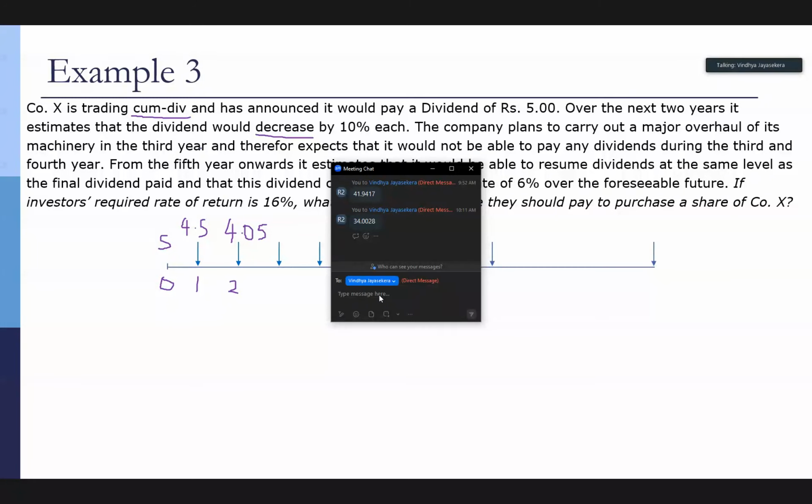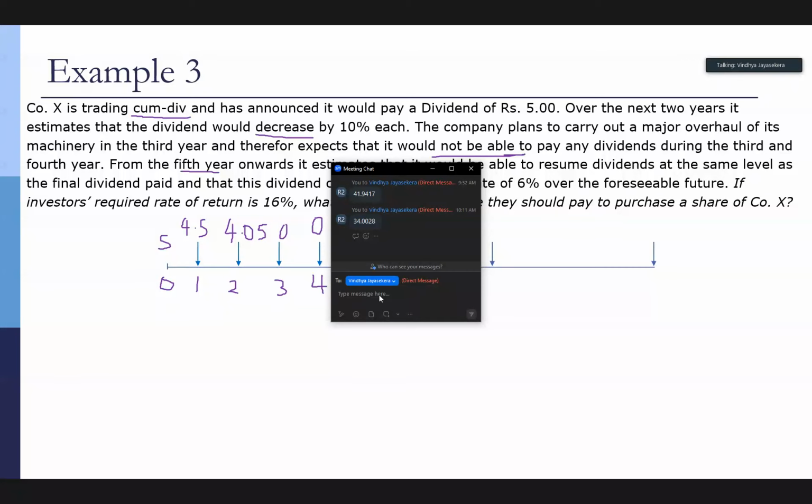And then it says third and fourth year, no dividends. 0 in the third year and the fourth year. From the fifth year onwards, it estimates that it would be able to receive dividends at the same level as the final dividend paid. So that's 4.05. So in the fifth year, you pay a dividend of 4.05.